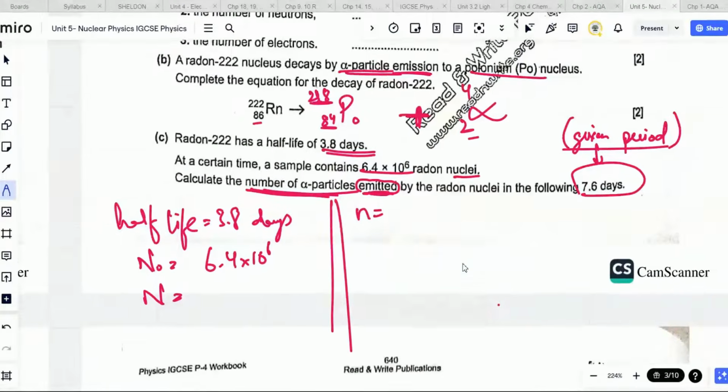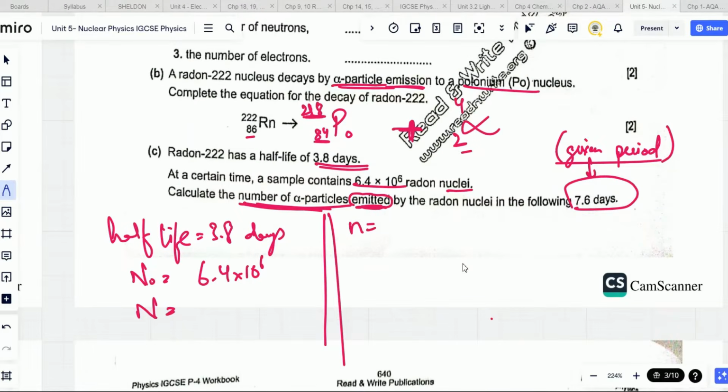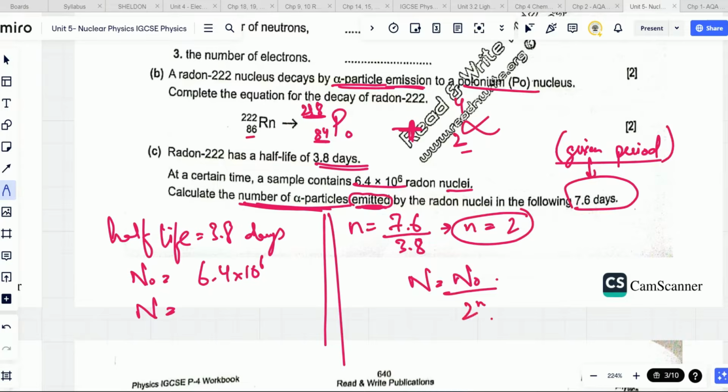So let's do this quickly. Let's find the number of half-lives first. What's the given period? The given period was 7.6 over half-life 3.8. What does this give you? How many half-lives? The number of half-lives is 2. We got the number of half-lives. Let's use the next formula. N is equal to what? N naught upon 2 to the power n.